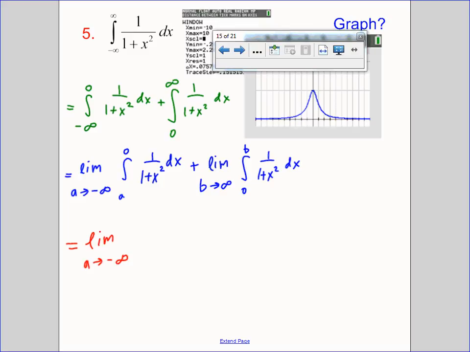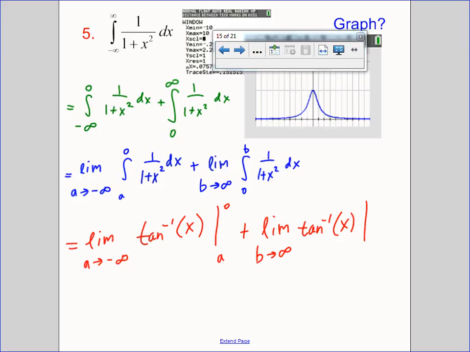Antiderivative function for 1 over 1 plus x squared? Inverse tangent, baby. Inverse tangent. So inverse tangent of x from a to 0, plus the limit as b goes to infinity of inverse tangent of x evaluated from 0 to b.